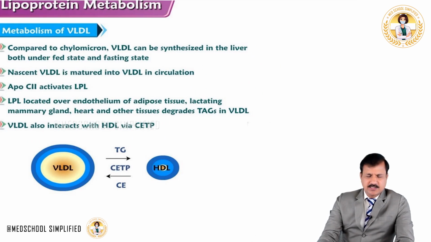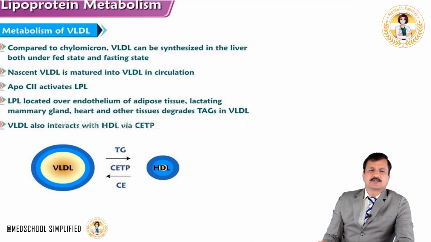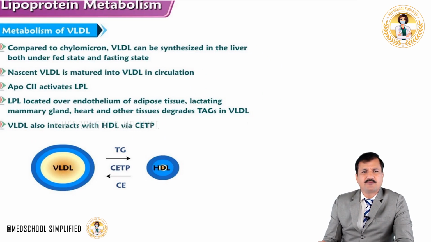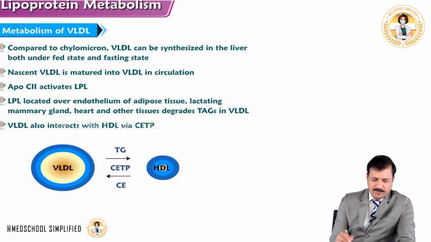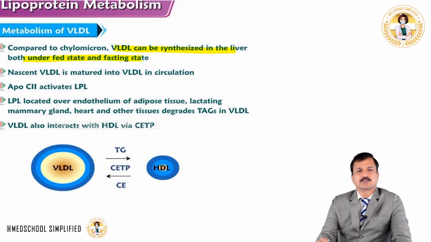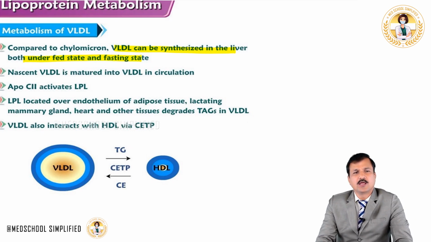Now, some of the points that I explained in the previous slide are written as a recap here, as review points. Compared to chylomicrons, VLDLs can be synthesized in the liver both under fed condition and fasting condition. Remember that. Chylomicrons are synthesized only under fed condition, whereas VLDL is synthesized in both fed and fasting state in the liver.